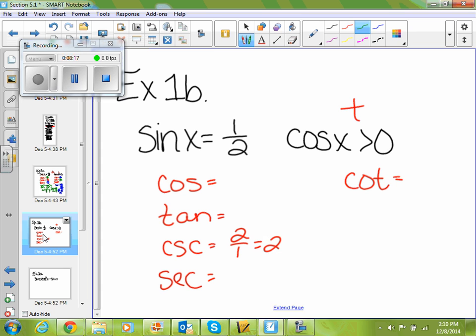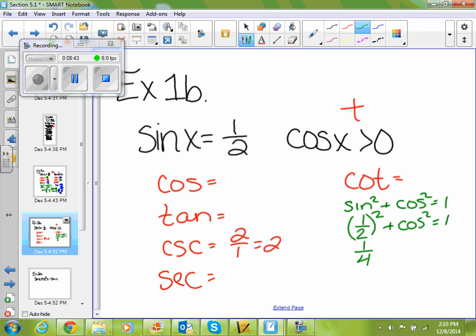Second thing I'm going to do is find my cosine using that same Pythagorean identity of sine squared plus cosine squared equals 1. I know that sine is 1/2, so I get 1/2 squared plus cosine squared equals 1. And I know that 1 squared is 1, 2 squared is 4.